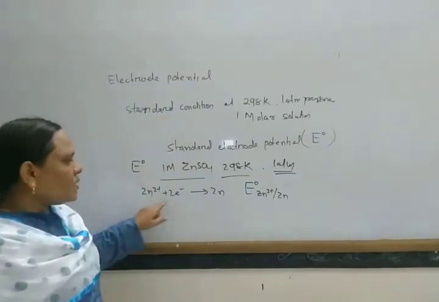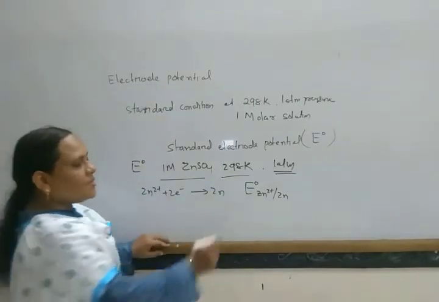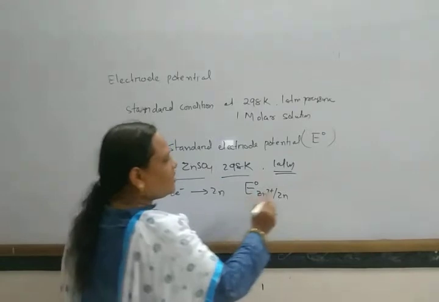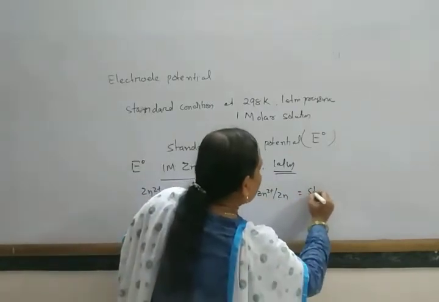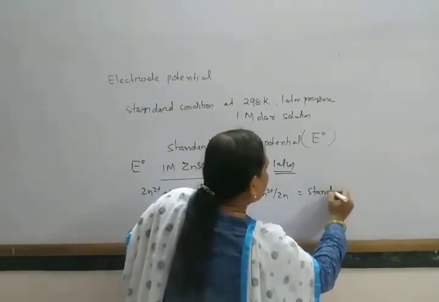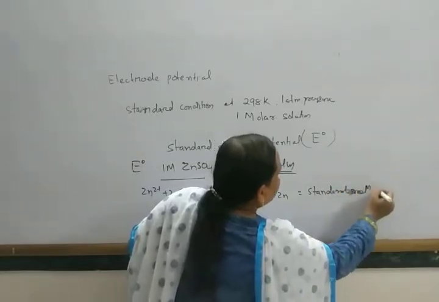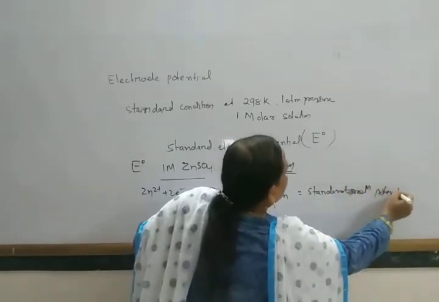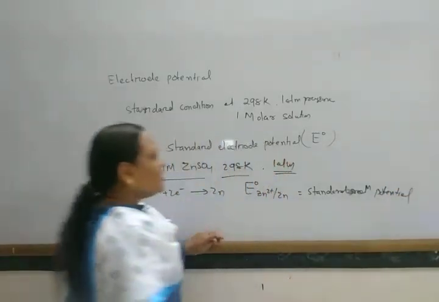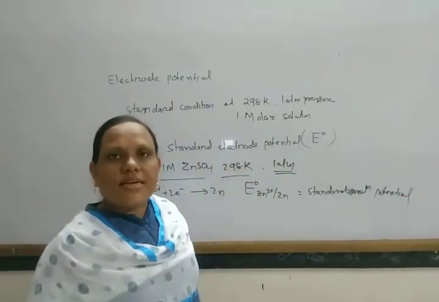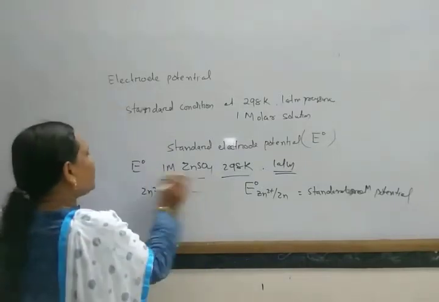So Zn2 plus reduction takes place. This is the representation of standard reduction potential.